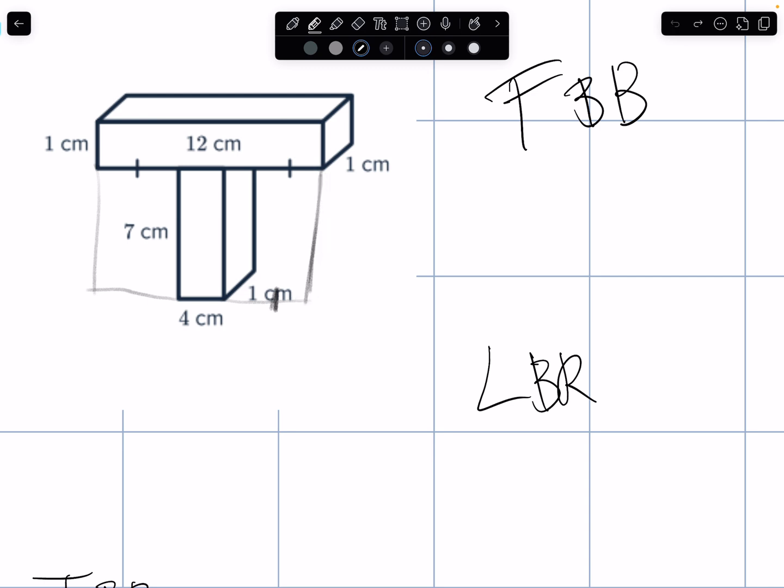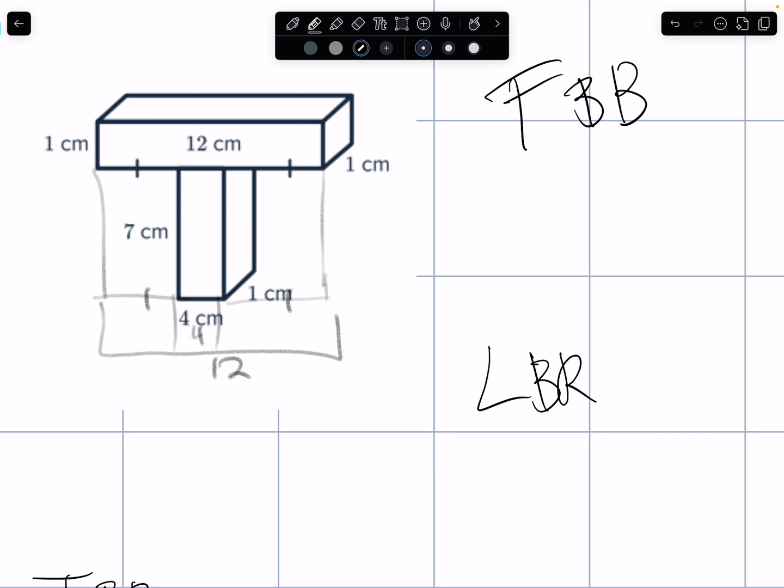Let's try it again. Let's draw a bit better, hey? There we go. These are the same, right? So the total length across needs to be 12. Here to here is 4. There to there is 4.